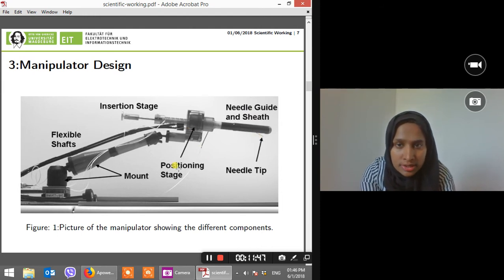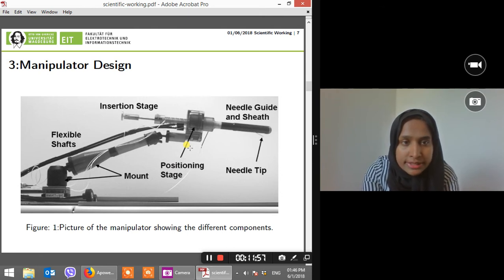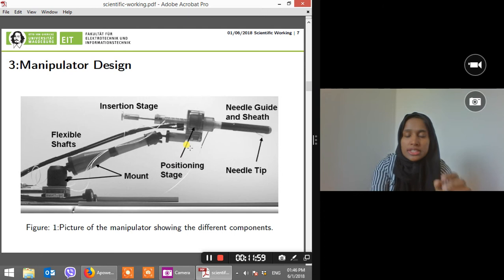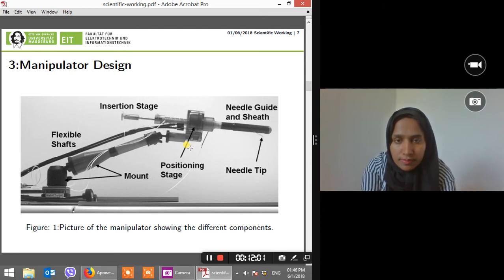And this is the positioning stage, from the outside. I will be giving you an inner deep view of the positioning stage in the coming slides, to show how it works. So this is the design of our manipulator, a physical model of our manipulator.